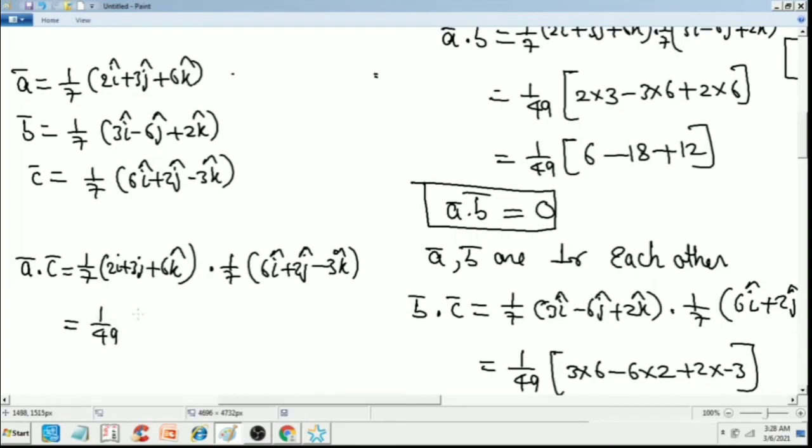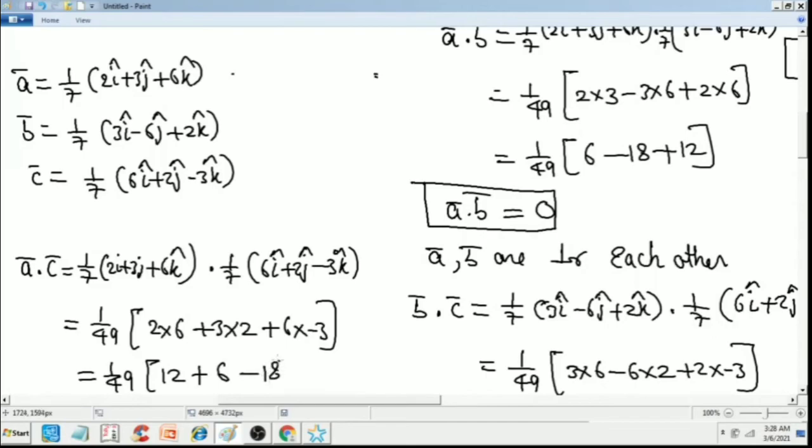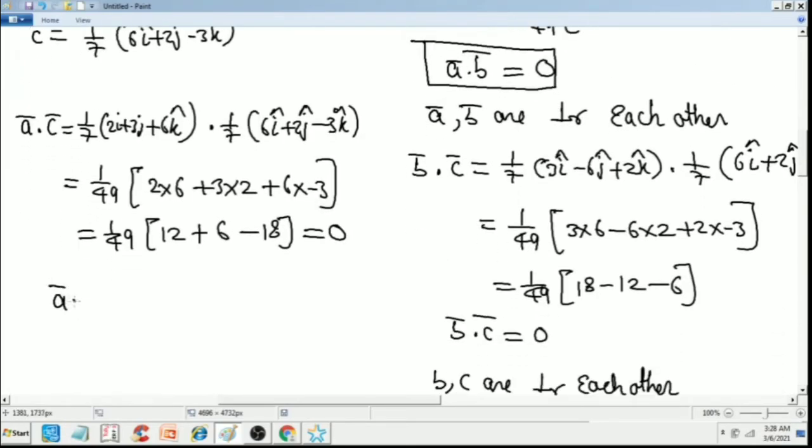So 1 by 49 into 2 into 6, 3 into 2, 6 into minus 3. So here 1 by 49, 2 times 6 is 12, 3 times 2 is 6, minus 3 times 6 is 18, which comes out to be 0 again. The result is 0. That means A dot C is equal to 0. Therefore the A vector is perpendicular to C.